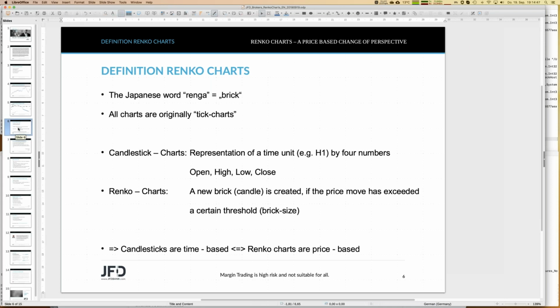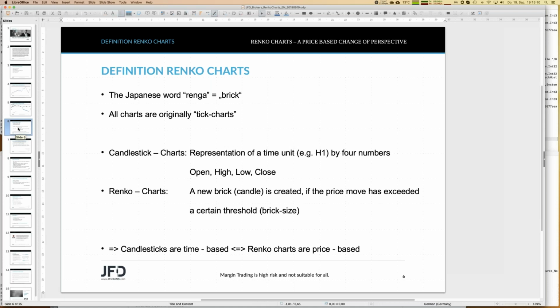And finally, if a new tick hits that distance upwards or downwards, then we have a new brick, and that's all. So if the price move has exceeded a certain threshold, then we have a new candle or a new brick.